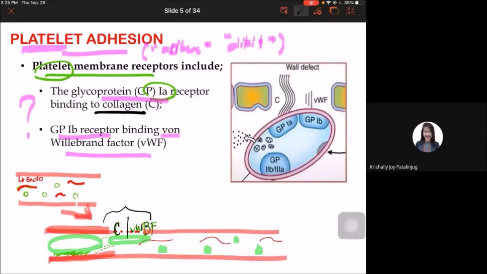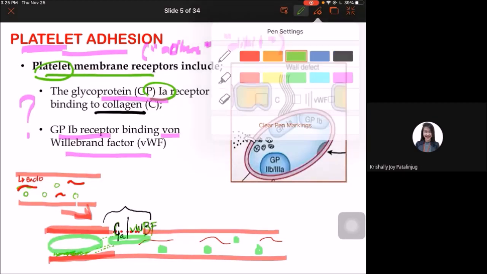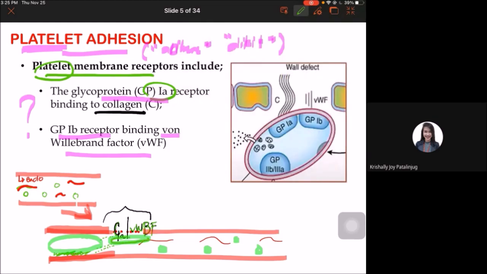It is responsible for binding to collagen. Sulat ko, dito yung 1A. Yung kulay green, itong part na to, ito yung platelet na natapat sa sira. Para mag-adhere siya dyan sa injured site, it will bind to collagen via its receptor, glycoprotein 1A.